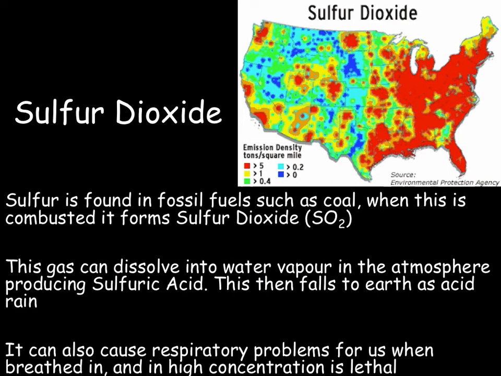This then falls to Earth as acid rain. Acid rain can cause respiratory problems for us when we breathe it in, and it can also cause burns. Importantly, it's very, very dangerous to the environment, as we will look at in a couple of slides' time.